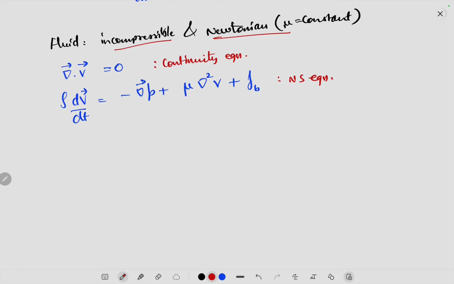Then we can solve the problem and get detailed information about our fluid and its properties.